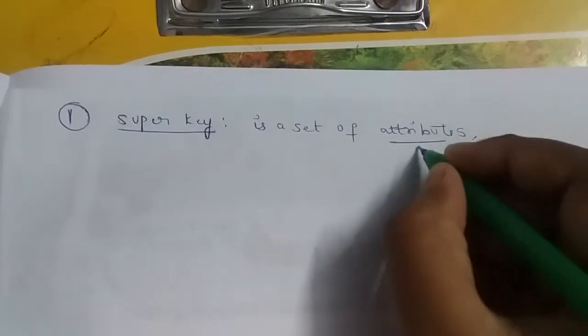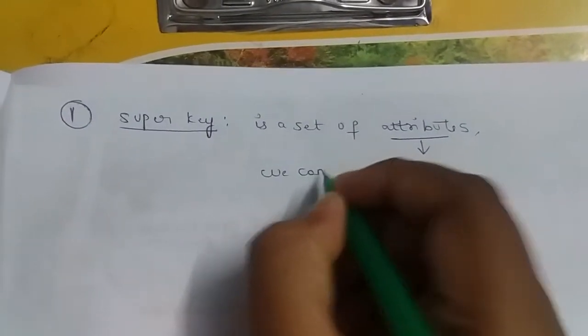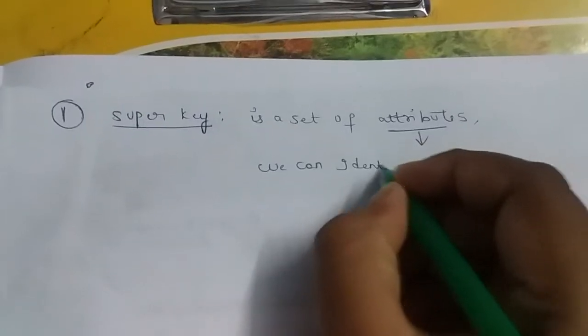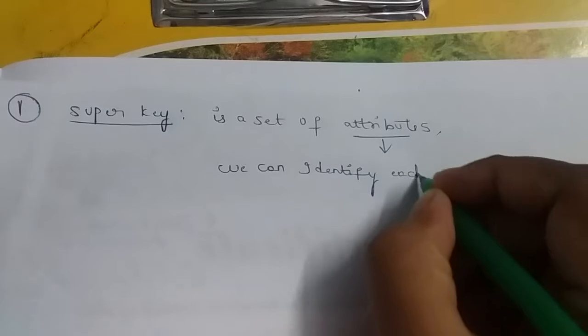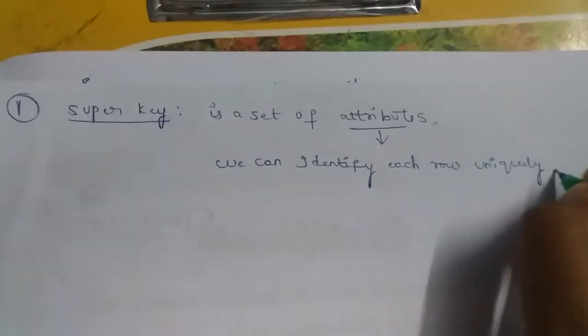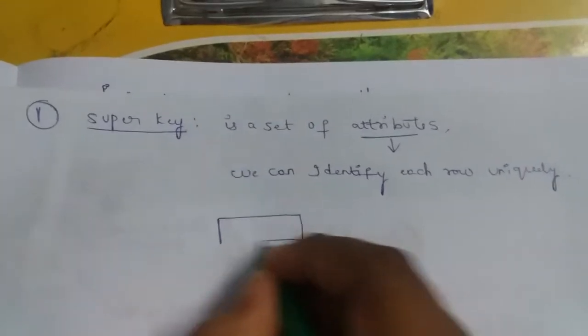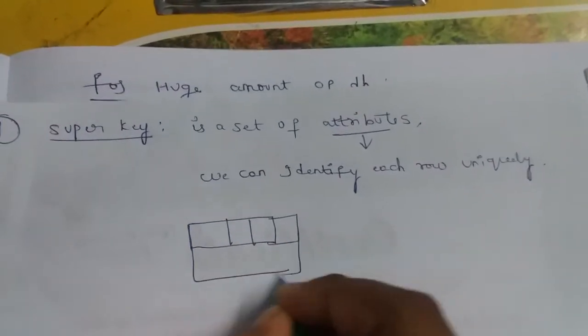By using these attributes, we can identify each row uniquely. For example, this is the student table.